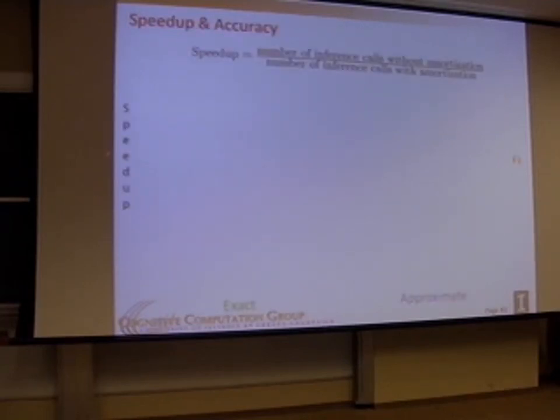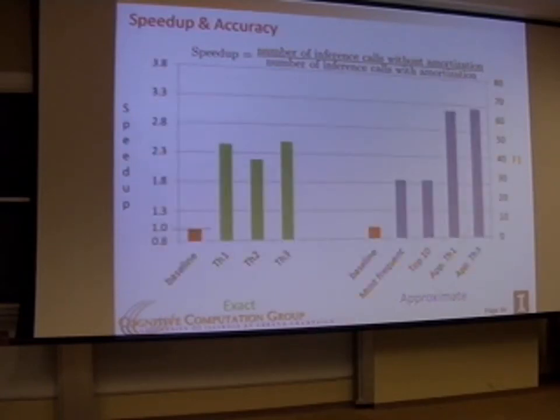I want to look at speed up, and I want to look at performance. In terms of speed up, from the baseline and the three theorems, I get a speed up of around 2.5, which is quite nice, I think. Basically, I need to call the solver only on 40% of the instances that I have.